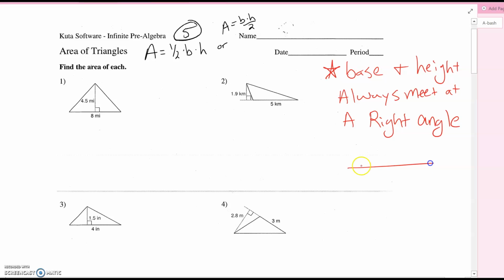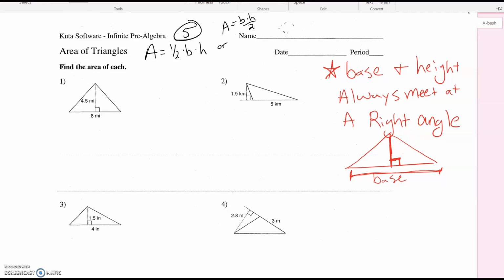So whenever I have a triangle like so, my base and the height, so if the 90 is here, my base would be down here. It's not always the bottom, okay? So it would need that full length of the base of the triangle, and then the height, so since it's connected at the 90, this is connected at the 90, and also this. So this here is the height.